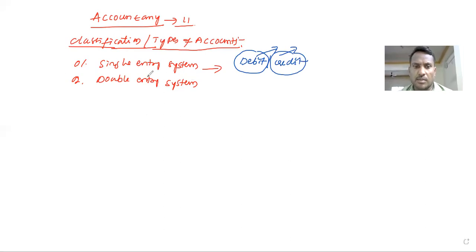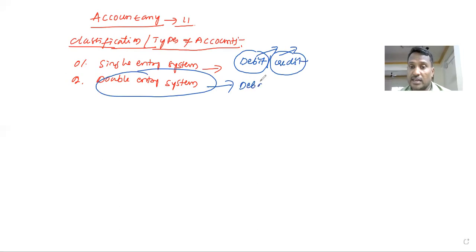Now let's move to the double entry system. According to the double entry system, this is also known as the complete and scientific system, because every transaction of the business is recorded twice, debit and credit. The accountancy books record both aspects of the transactions in the books of accounts.